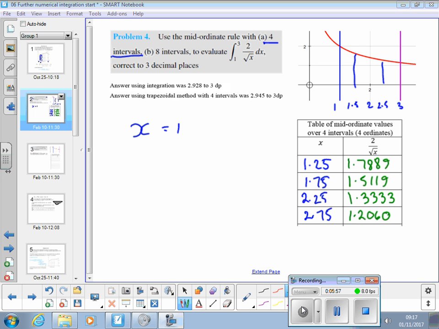So there are the mid-ordinates. Very simply, the integral is approximately equal to the width of the interval, 0.5, times all those ordinates added together.